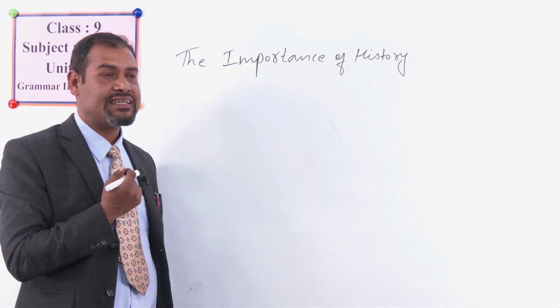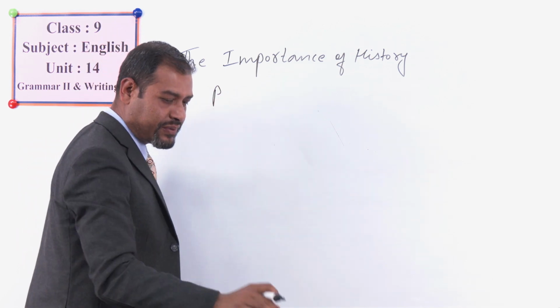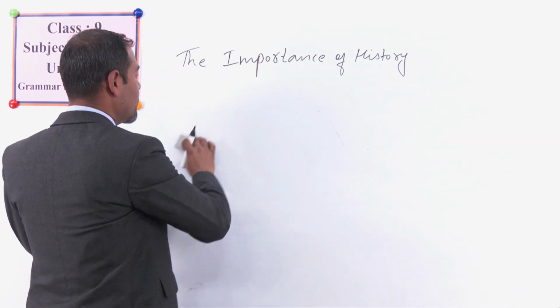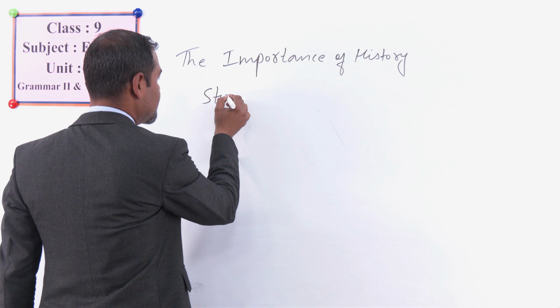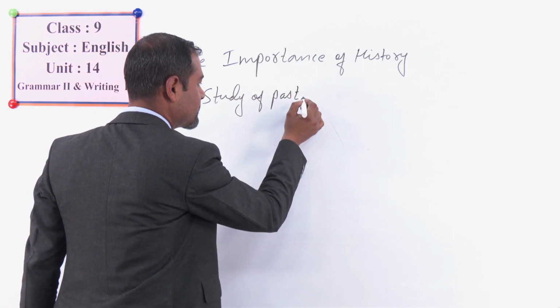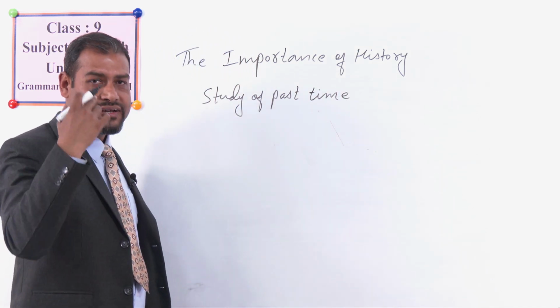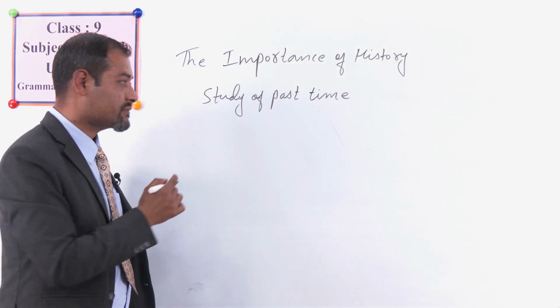So what things are there in your mind about this topic, you have to first get in your mind. So what can be the ideas? For example, you can write down study of pastime. Study, S-T-U-D-Y, study of pastime. Okay, good job. Then what other ideas do you have in your mind?